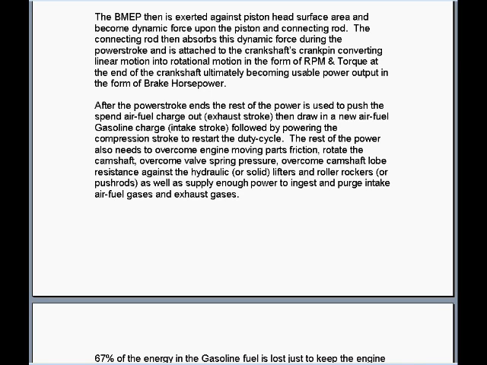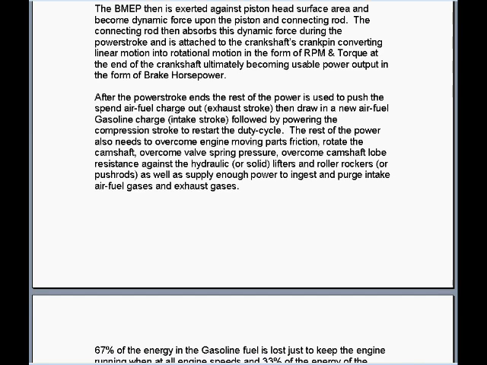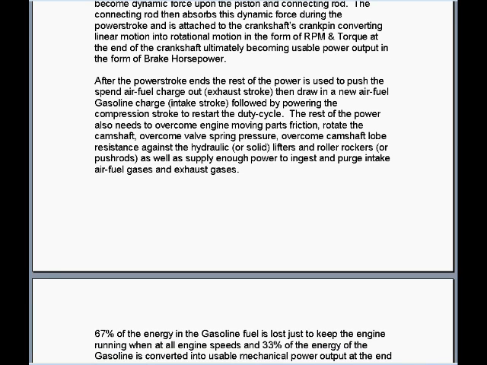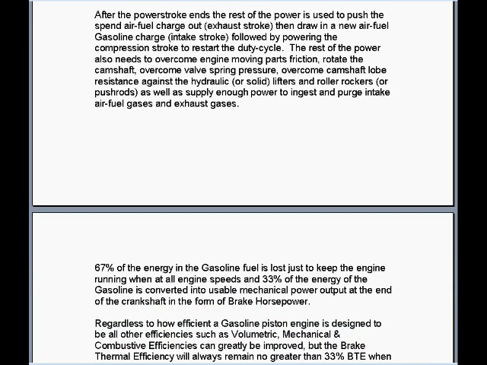The BMEP is then exerted against the piston head surface area and becomes dynamic force upon the piston and connecting rod. The connecting rod absorbs this dynamic force during the power stroke and is attached to the crankshaft's crank pin, converting linear motion into rotational motion in the form of RPM and torque at the end of the crankshaft, ultimately becoming usable power output in the form of brake horsepower.